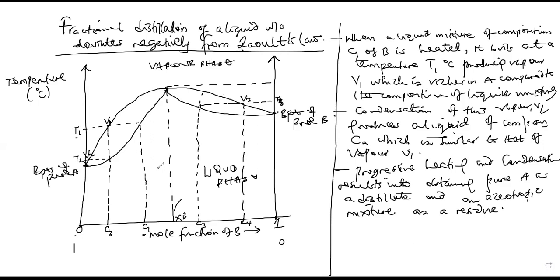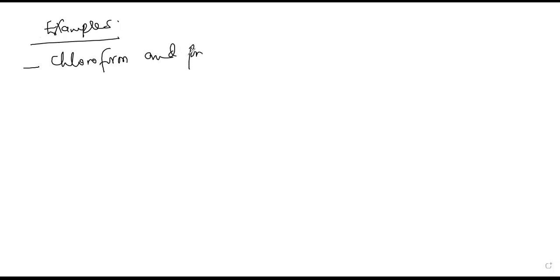Now we're going to look at examples of liquid mixtures which deviate negatively from Raoult's law. We have a mixture of chloroform, which one can also call trichloromethane, and propanone.